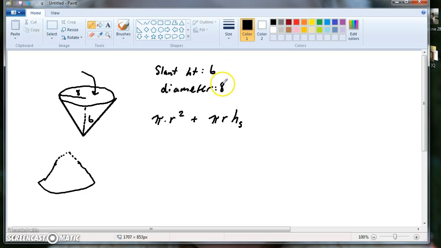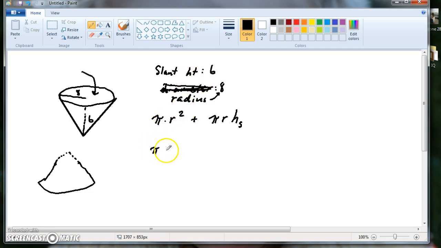Wait, I think that the radius, I said that was the diameter. I take that back. I showed the radius. I apologize. So the radius is 8. So if the radius is 8 and the slant height is 6, I just fill in what I know.